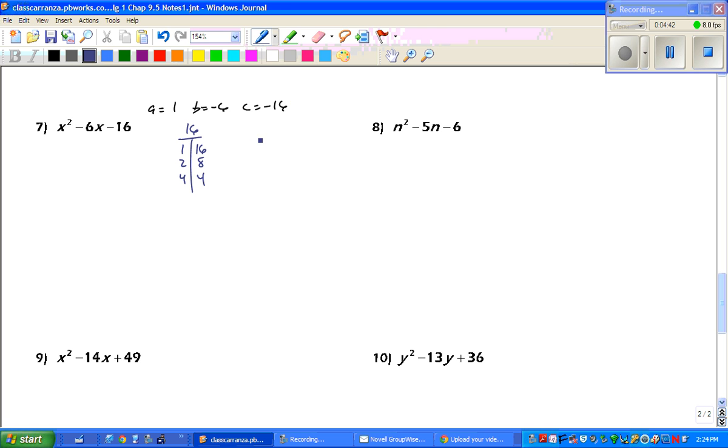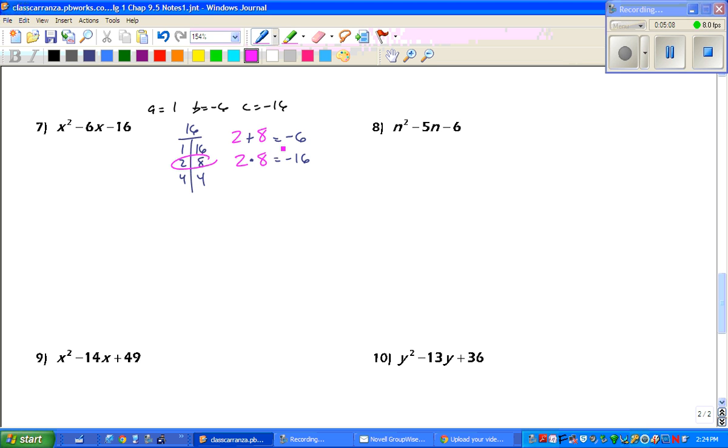Using the B and the C, I want numbers that add up to negative 6, but multiply to negative 16. Remember, this is where we're getting those numbers from. So the only combination would be 2 and 8.